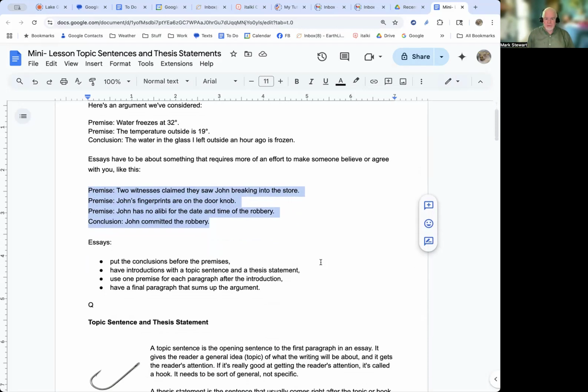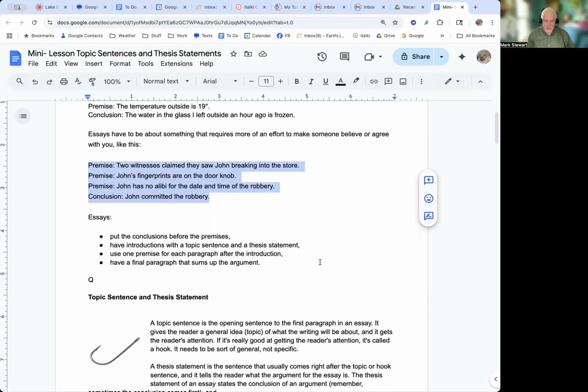Where two witnesses saw John breaking into the store. His fingerprints are on the doorknob. John has no alibi for the date and time of the robbery. John probably committed the robbery, right? For essays, especially persuasive essays, you're going to need an argument that is more like that.